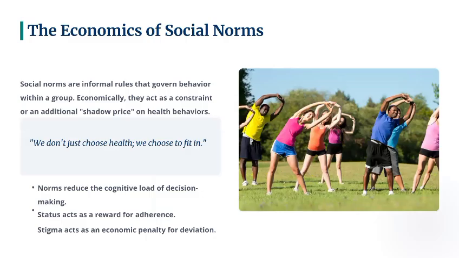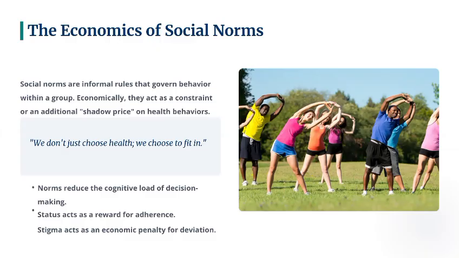Next we have the economics of social norms. Social norms are informal rules that govern behavior within a group. Economically, they act as a constraint or an additional shadow price on health behaviors.